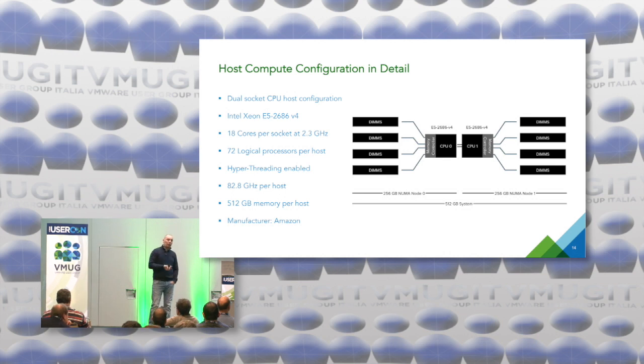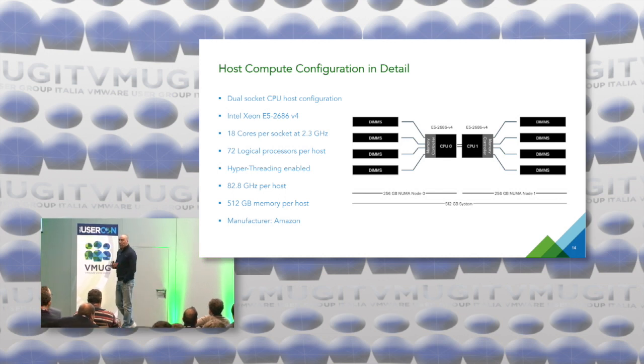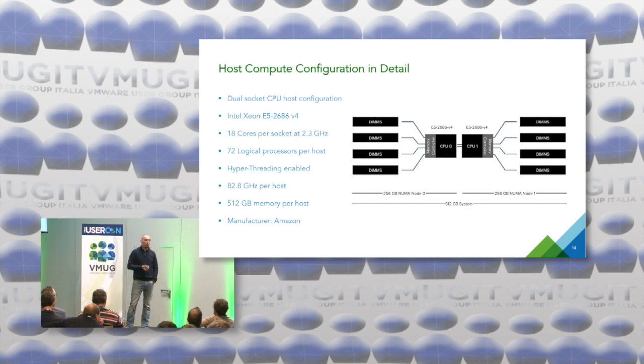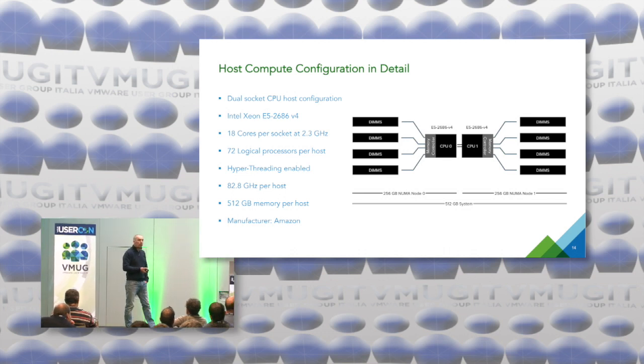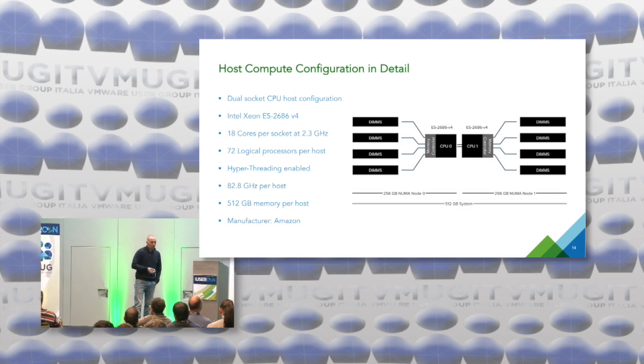So we have 36 physical cores per host. We have 512 gigs of RAM on each host. That is bigger than the average host configuration that we see when we look at our customer database, right? So you have this times 4.